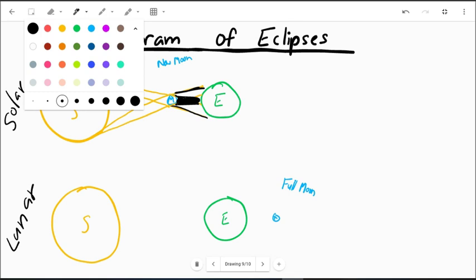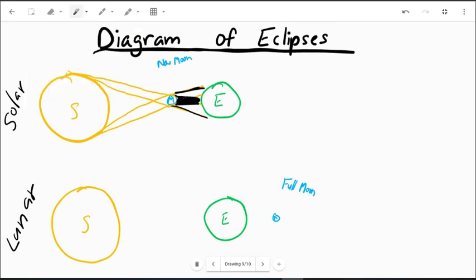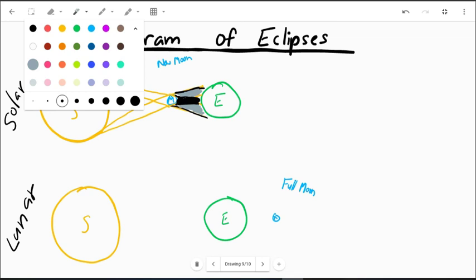That's called the umbra. And then when you have indirect shadow, so some light is able to actually get around the moon, some light is blocked by the moon, you get an indirect shadow. That's called the penumbra. So in reality, this Earth is much too small in its scale.